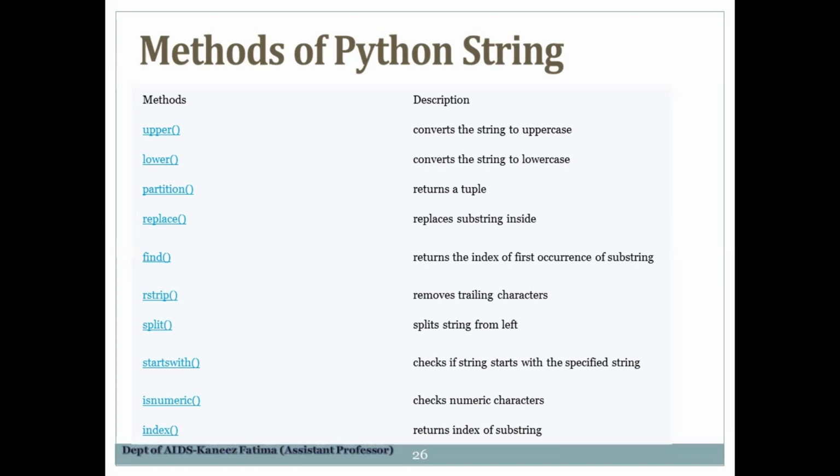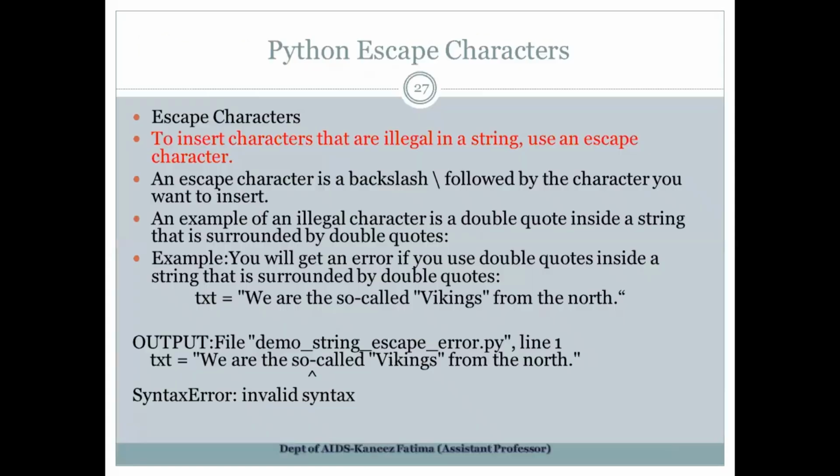You assign a string to it, and you can go with a particular method, and you will see how these methods give different results with Python strings. Next, we are moving towards another topic, that is escape characters.